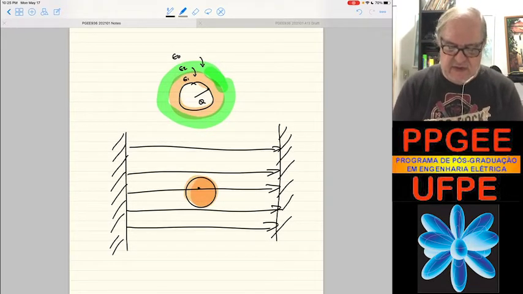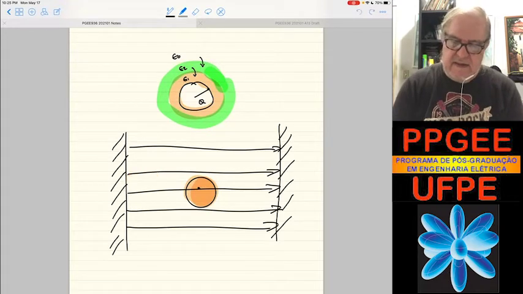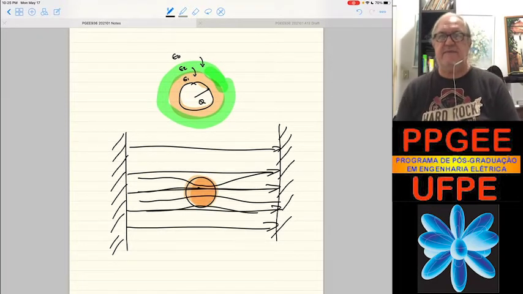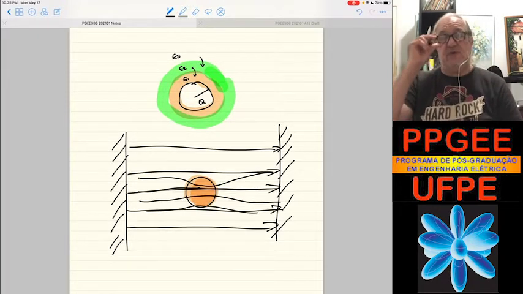So the field is going to curve, something like this. It's like the field is pulled to the inner part of the sphere. That's the problem we want to solve.